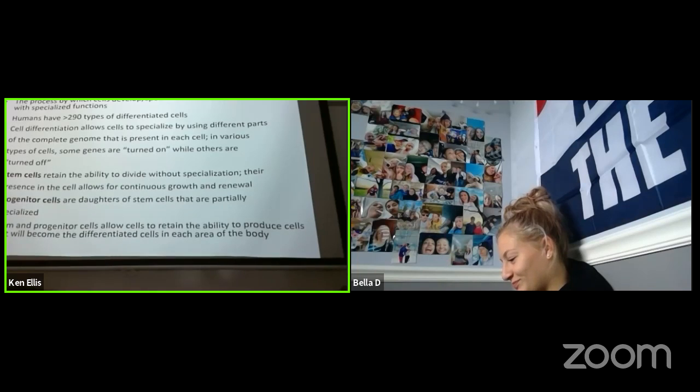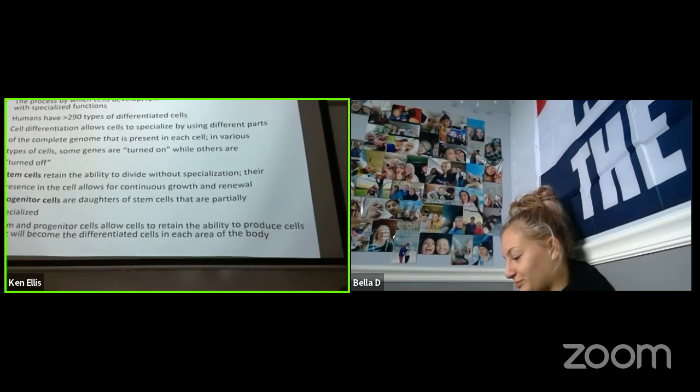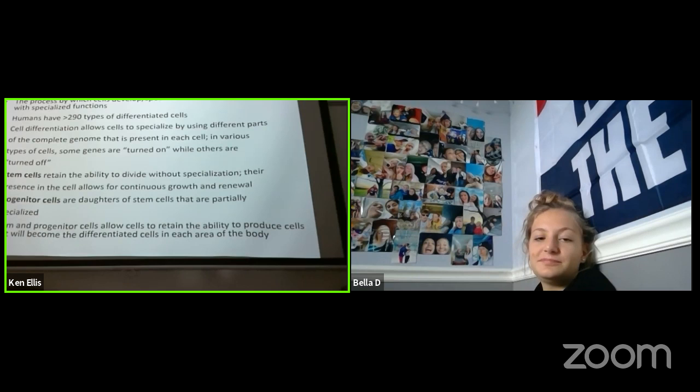So somewhere down the line, after fertilization, sperm and egg met, and the next cells and the next cells, and they divided, and all those cells looked identical to each other. But at some point down the line, there was a cell that divided and said one was going to be muscle cell and the other one's going to be bone.